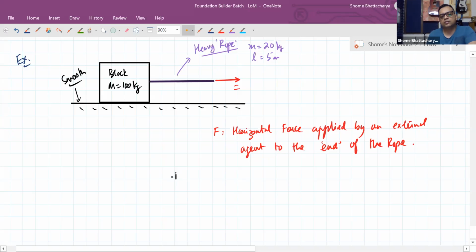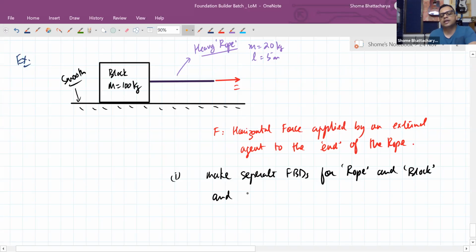So first of all, make separate free body diagrams for the rope and the block. Okay. And calculate their acceleration.